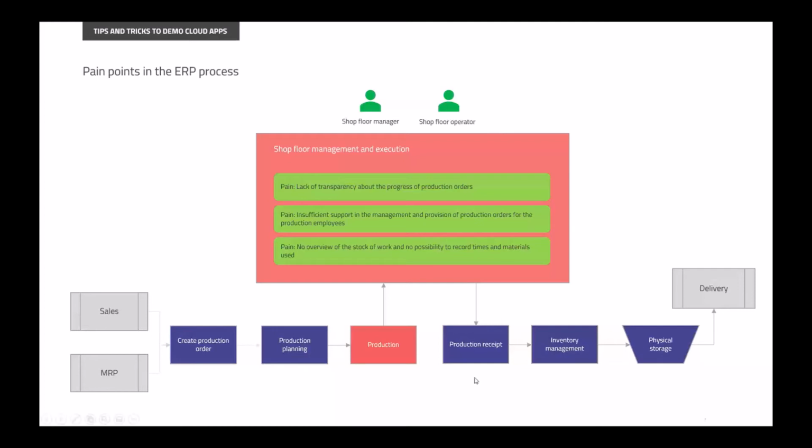If you look here at a typical SAP process and our pain points, we have the Business One process, we have a sales area, we have the MRP, we create production orders, we have production planning in Business One, and then later we have planned production orders available in SAP Business One. And in this area here, we have our pain points.